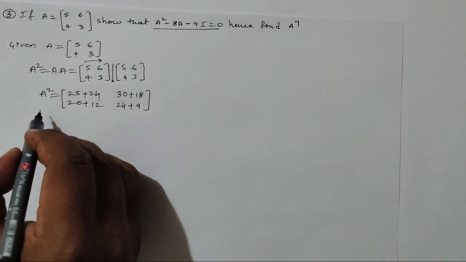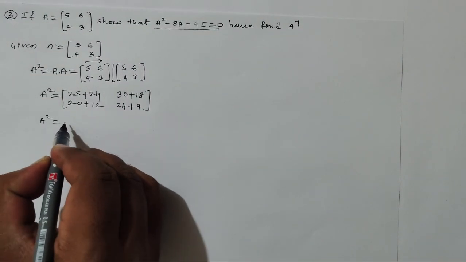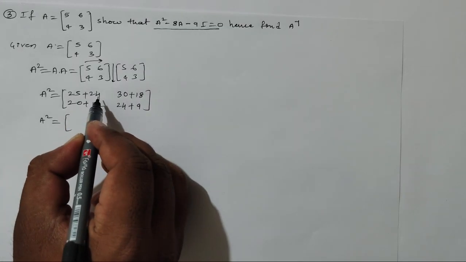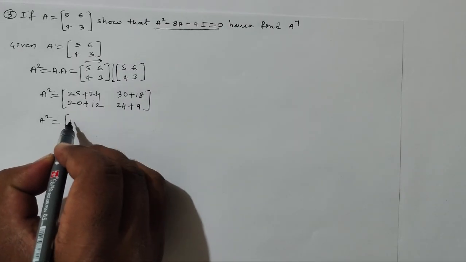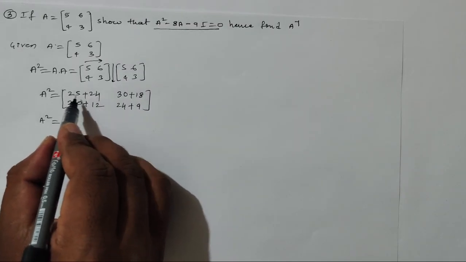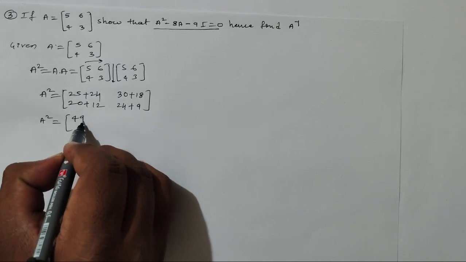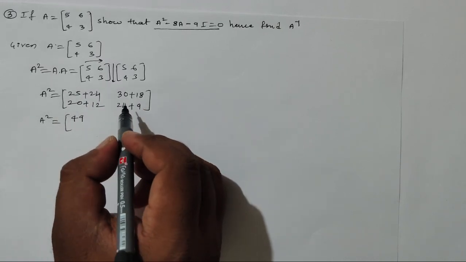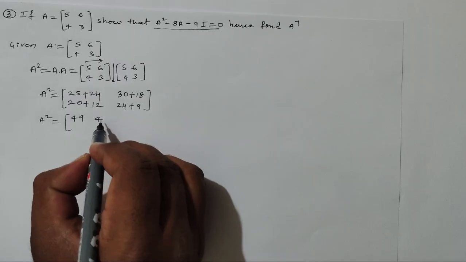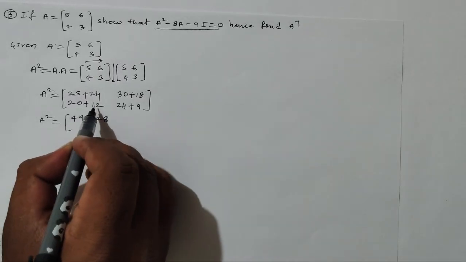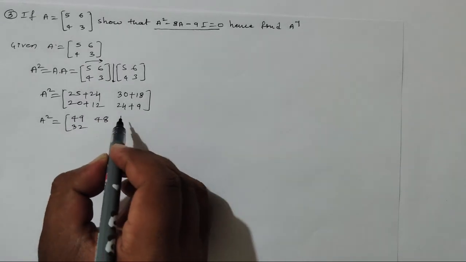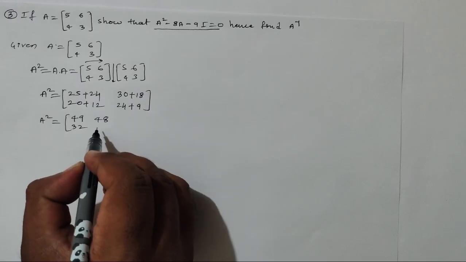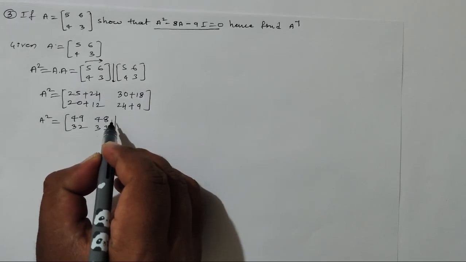So next A square equal to 25 plus 24, this is equal to 49, right? And 30 plus 18 becomes 48. 20 plus 12 is 32. 24 plus 9 is 33. Okay, A square.